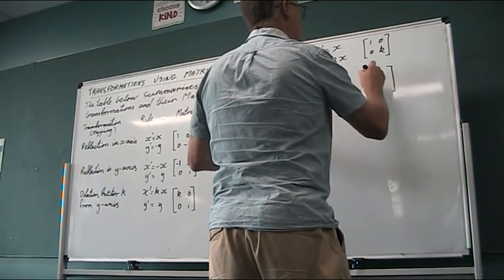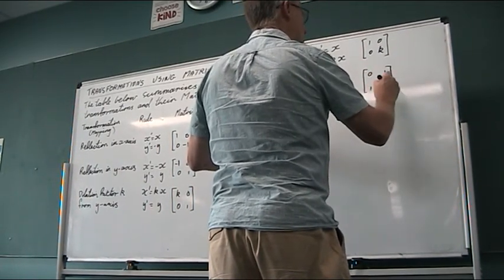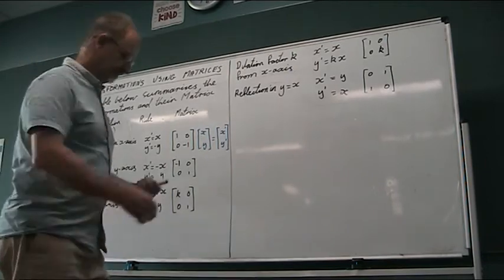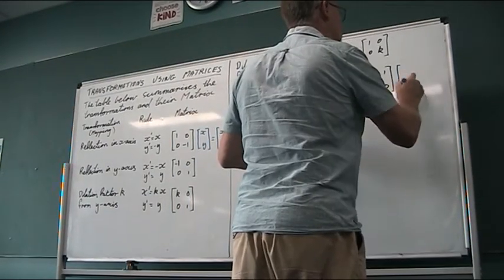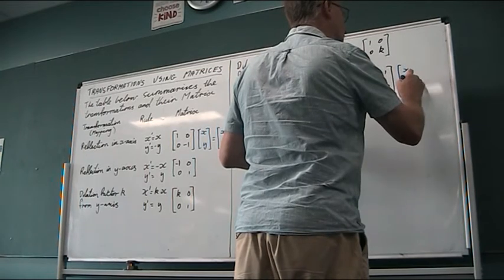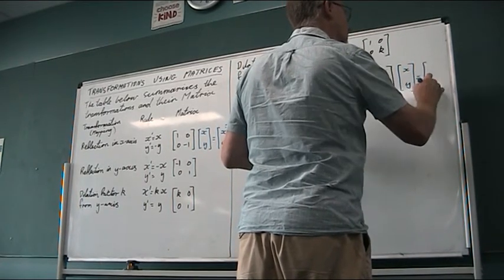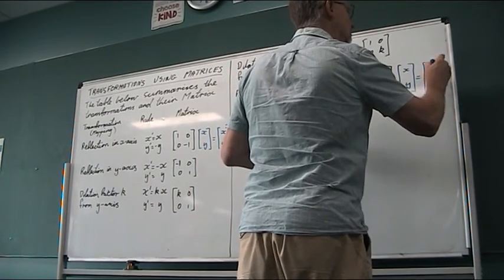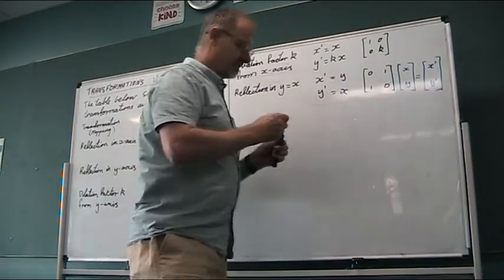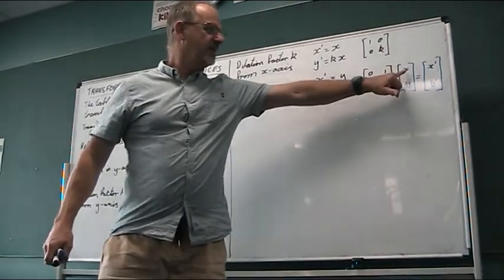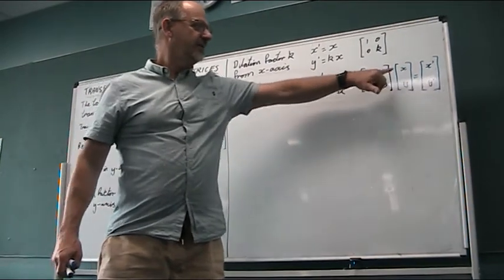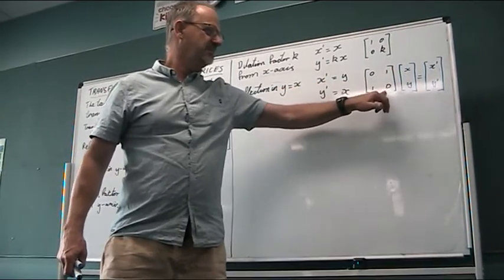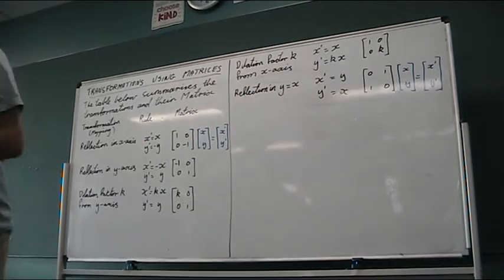Well, we can represent it in this way. If I multiply, our old 0 times x plus 1 times y, 1 times x plus 0 times y, so that matrix swaps them over.